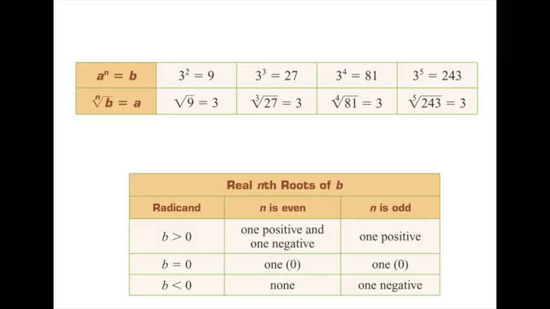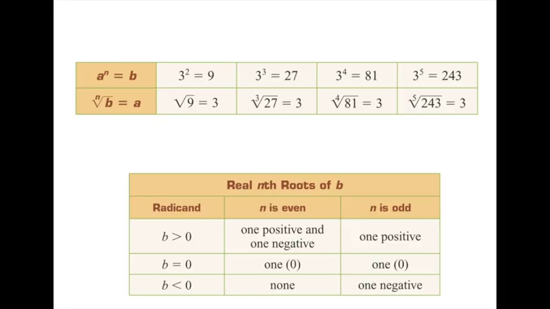For example, if I have x squared equals 9, I have to consider the fact that x could be positive 3 or negative 3. Now, typically when you see this sign, they want what's called the principal root, which means they want you to match the sign on the inside. But if you have a variable involved, they want you to consider all possible roots. So when it's even, you have to consider a positive root and a negative root.